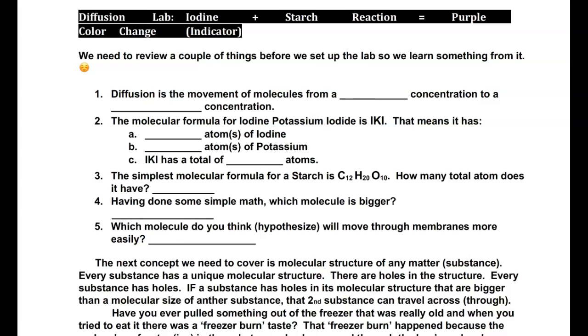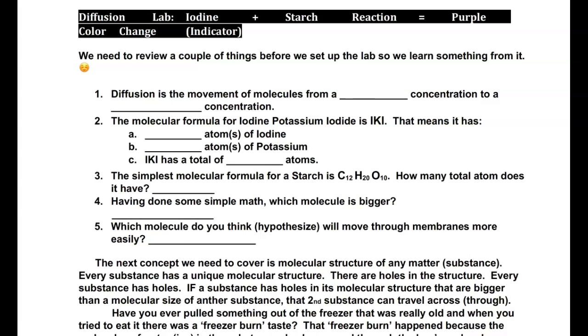And so we're going to use iodine, or a source of iodine, IKI, iodine potassium iodide, and starch, which is a really large complex carbohydrate, and let those combine or react, and if they come in contact with one another, the result will be a purple color.